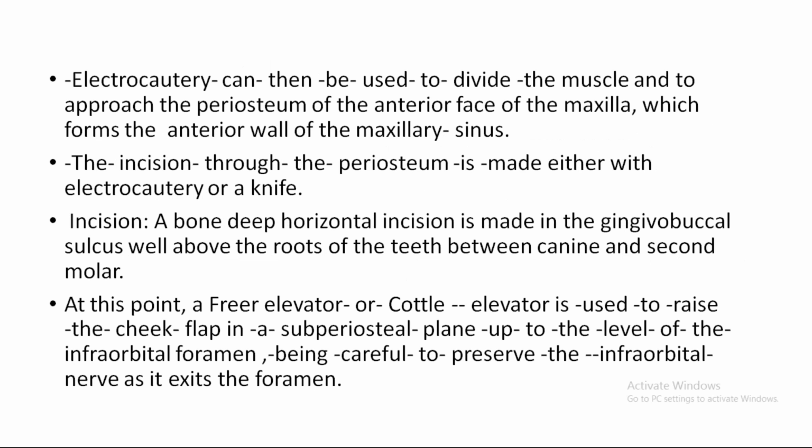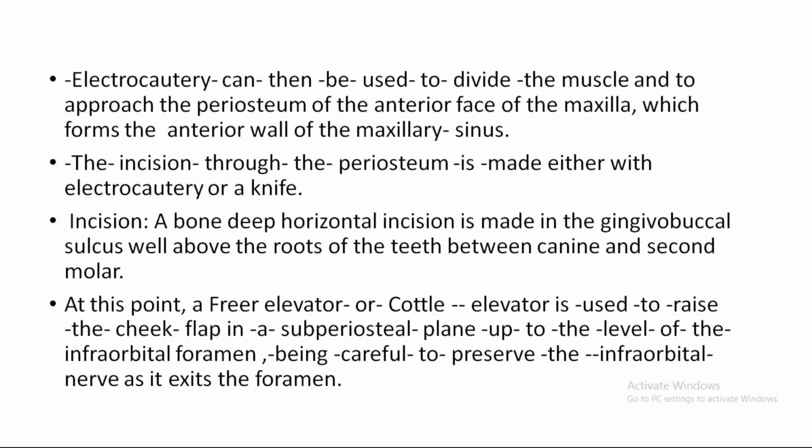Electrocautery can then be used to divide the muscle and to approach the periosteum of the anterior face of the maxilla, which forms the anterior wall of the maxillary sinus. The incision through the periosteum is made either with electrocautery or with a knife. Once you have made a bold incision on the periosteum, a bone deep horizontal incision is made in the gingivobuccal sulcus, well above the roots of teeth between the canine and second molar.